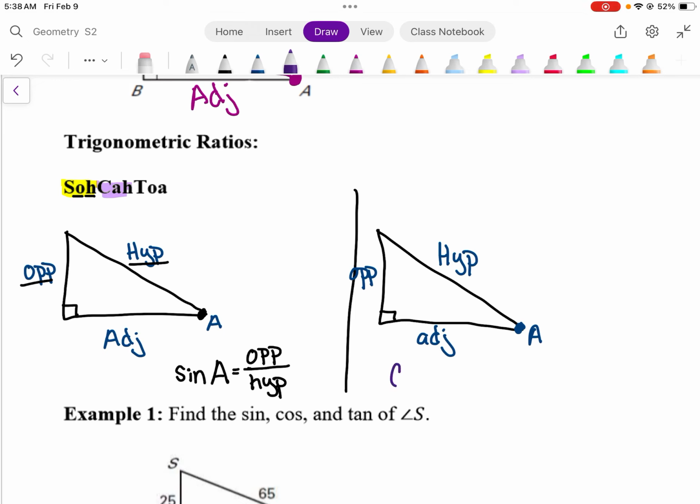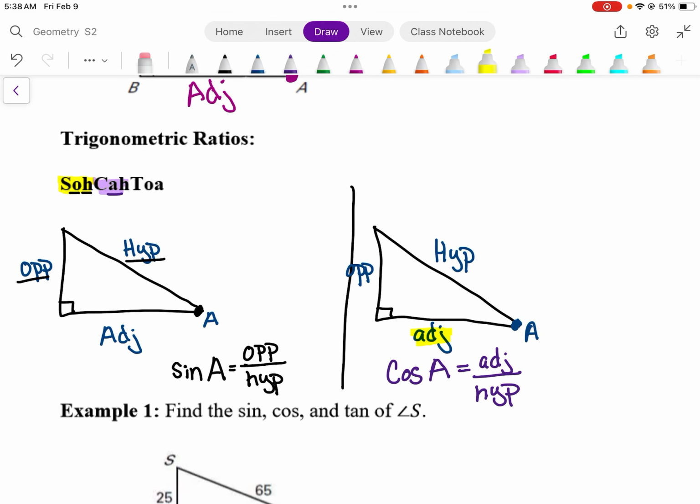The C stands for cosine, so we're going to do cos, which stands for cosine, of angle A equals, and the A and the H tells us what two sides we're going to set up as a fraction. So cosine is adjacent over hypotenuse. So for cosine, you use the side connected to the point, and then the hypotenuse, where when we were doing our sine, we used the opposite one and then the hypotenuse.